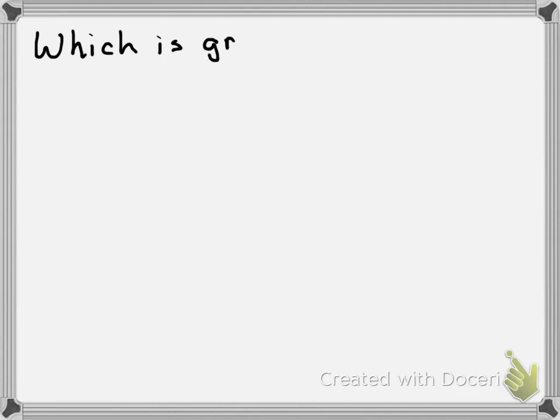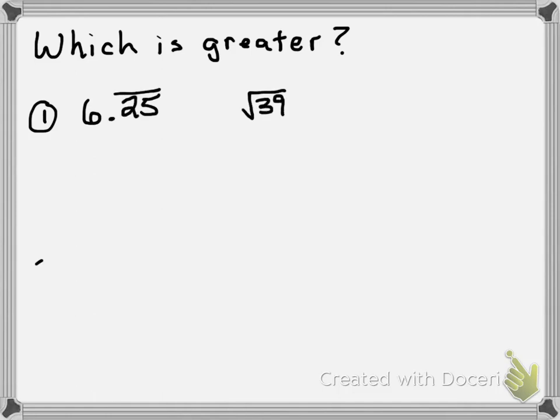Also with rational and irrational numbers, we have to be able to tell which number is greater, which one's bigger. So I've got 2 problems here, and you need to figure out whether you need a less than sign or a greater than sign between them.